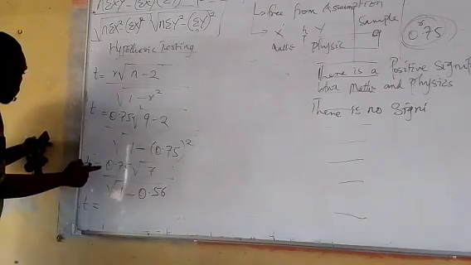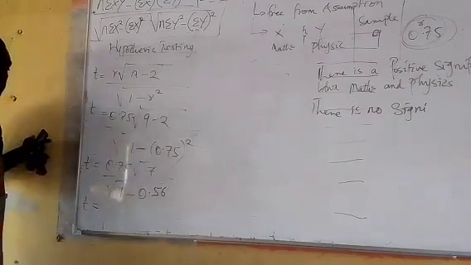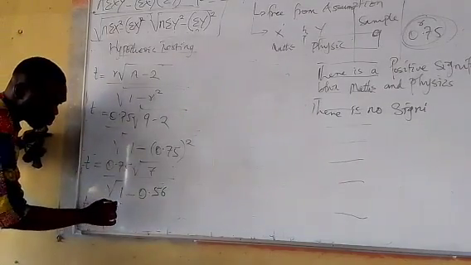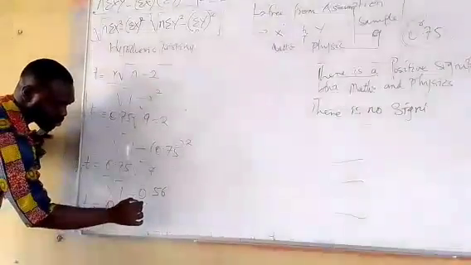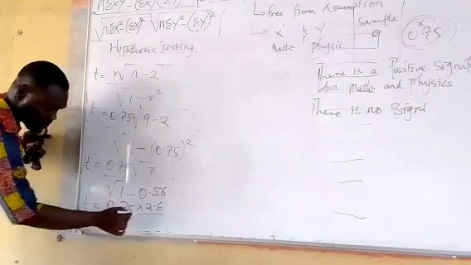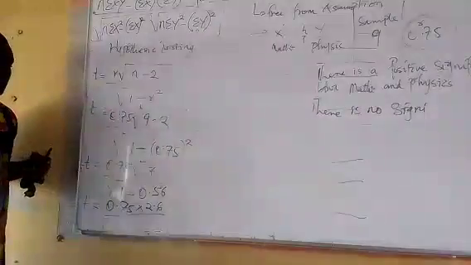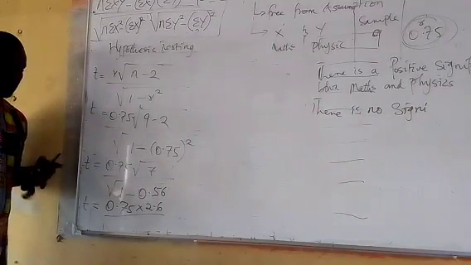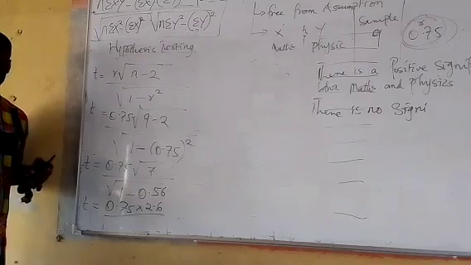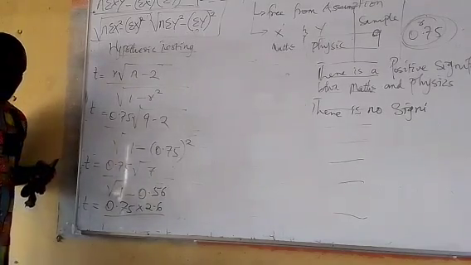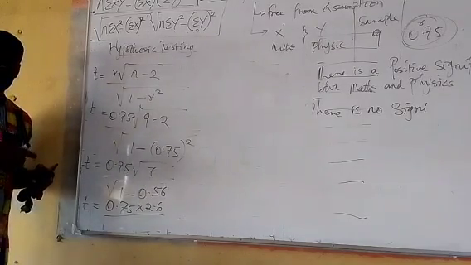So we go to the next one now. What is the square root of 7? Find it. 2.6. 2.6 all over 1 minus 0.56 is what? 0.44.